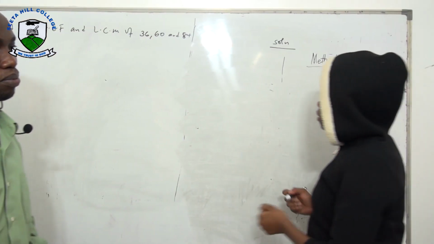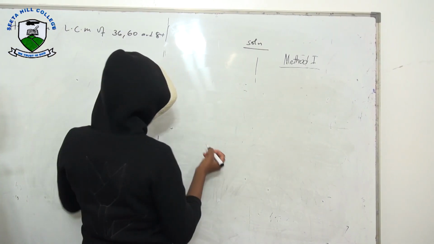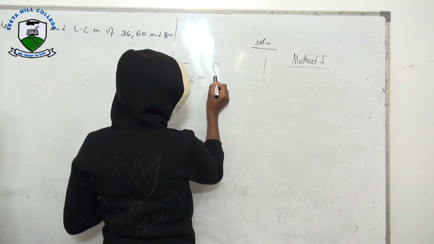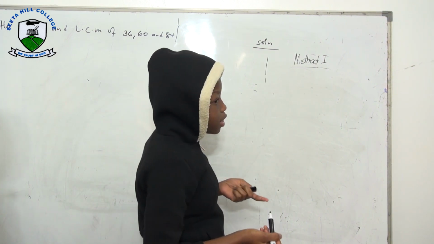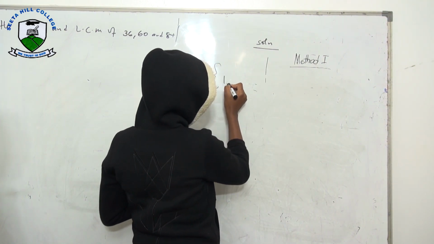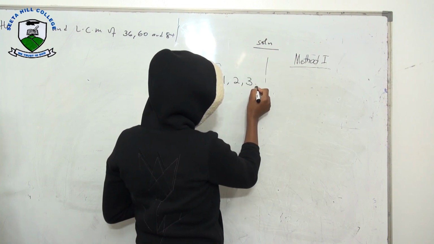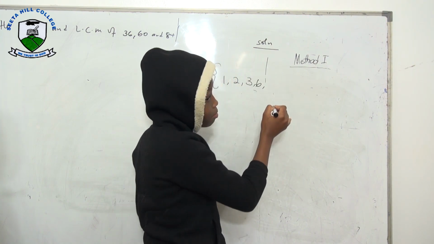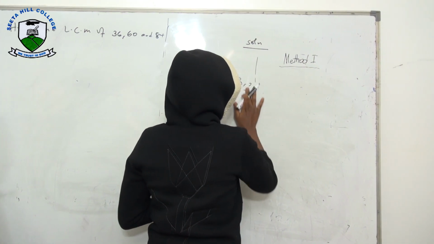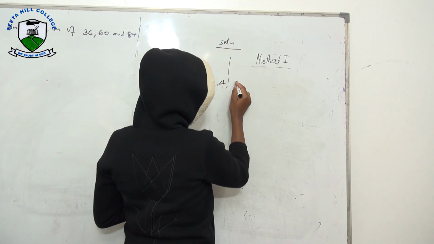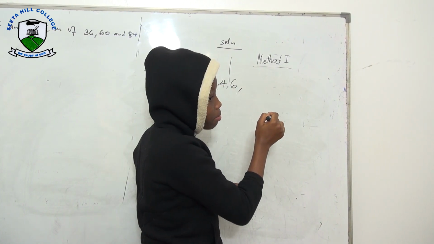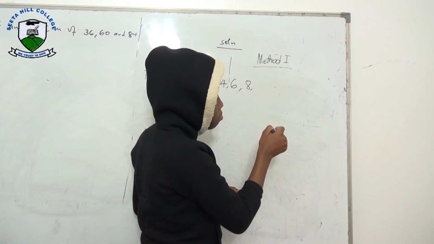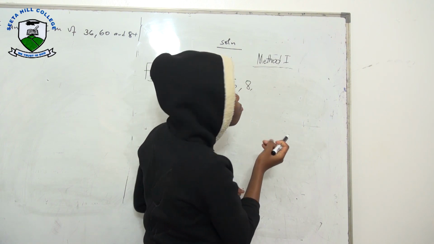Okay. On the highest common factor, I can use the listing method first, then I'll use the factor tree. Factors of 36: 1, 2, 3, 4, 6. Test well with your calculator. 36 by 8, does it divide?